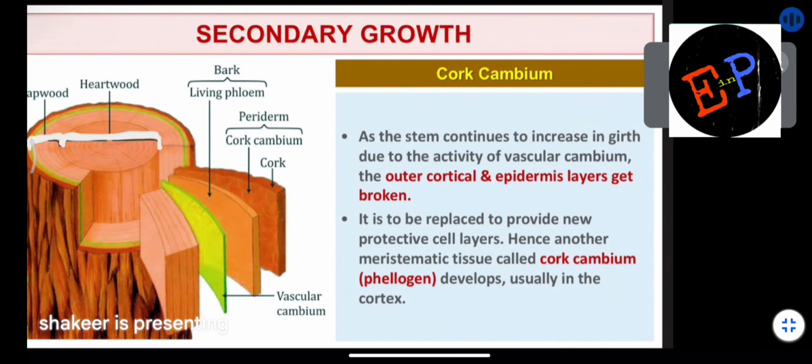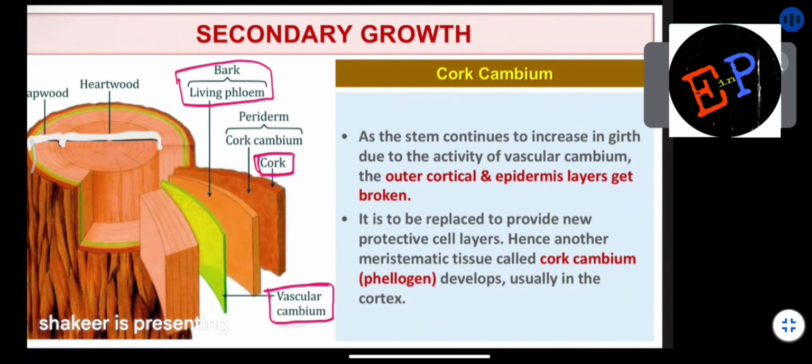First you will find a green color region nama, which is called as the combination of xylem and phloem, or you can call it as vascular cambium. Okay. Then you will find bark, living phloem is present. Okay ma? So next, periderm, which consists of cork cambium, or you can call it as the cork. Okay. Now we will study each of them in detail.